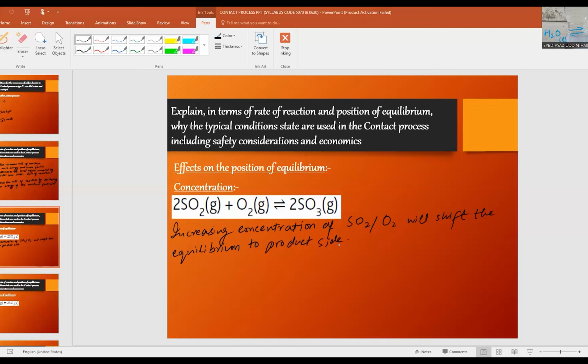The reason is to decrease the concentration of reactants or to increase the concentration of products. You can even refer to the names of reactants and products here.